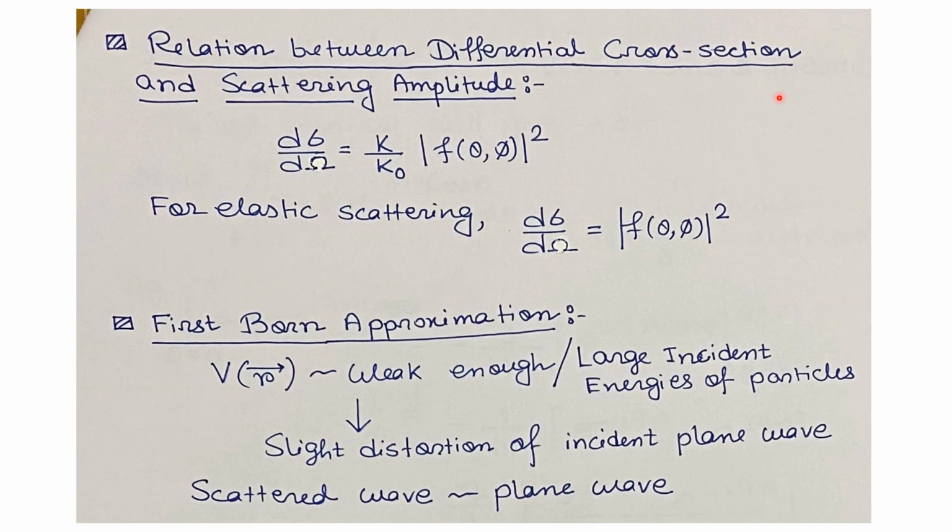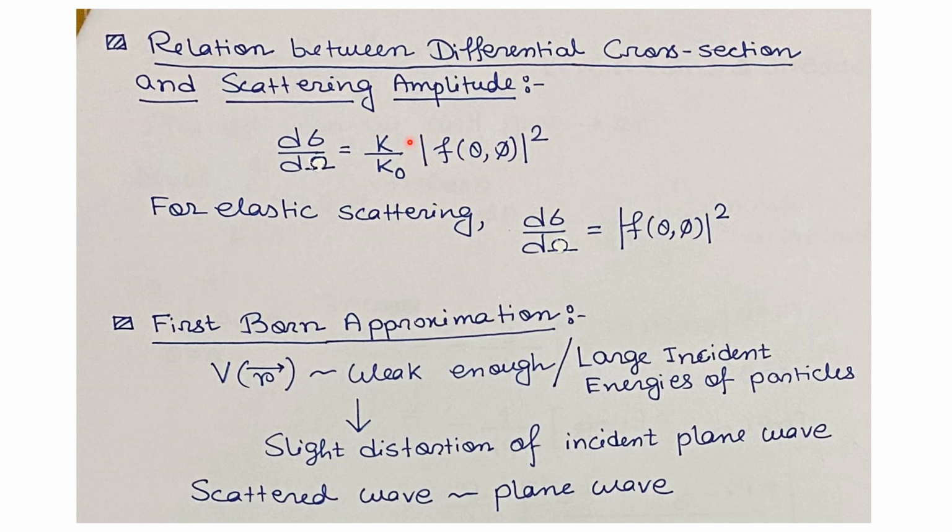Now, what is the relation between the differential scattering cross section dσ/dΩ and the scattering amplitude f as a function of theta comma phi? The relation is dσ/dΩ equals k by k naught times the mod square of the scattering amplitude f as a function of theta comma phi.